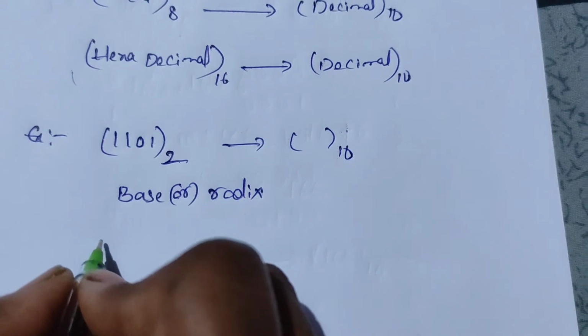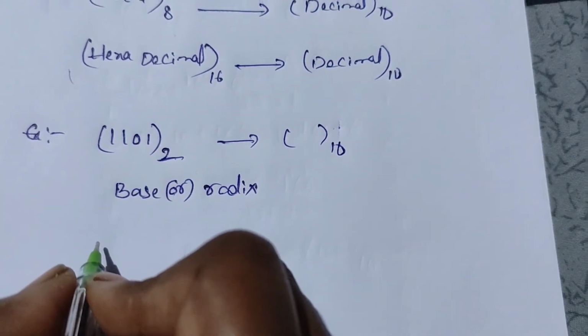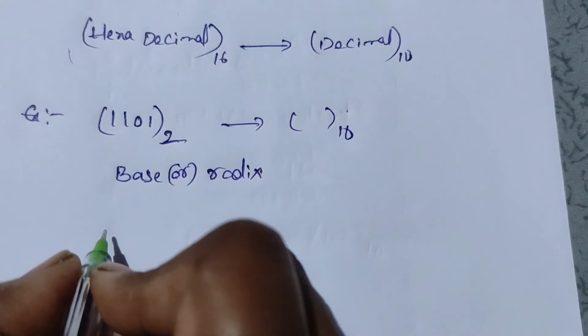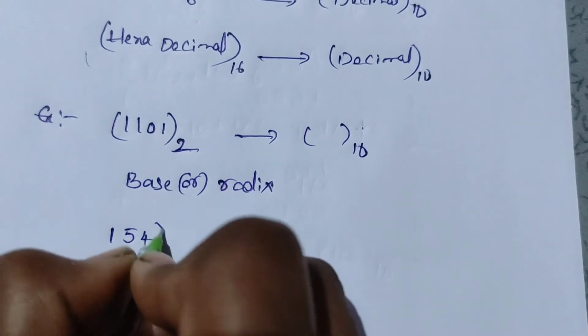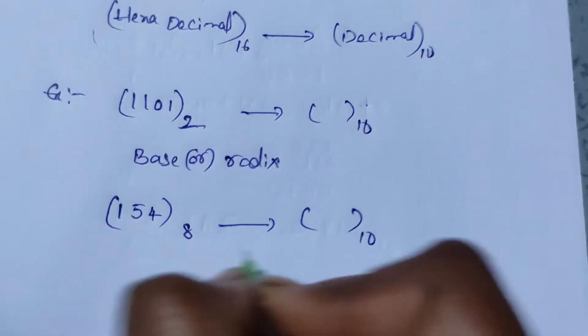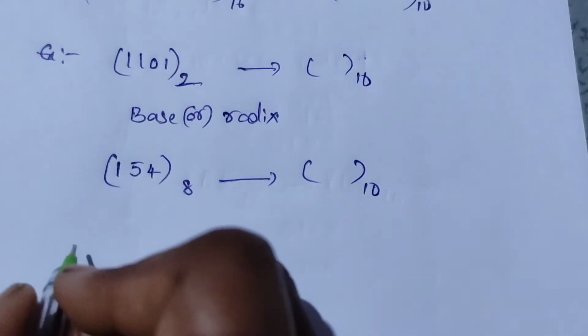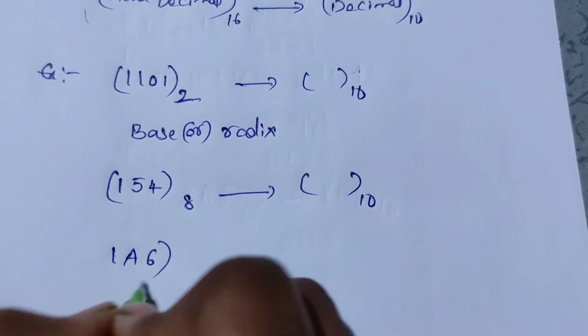And one more example of octal, (154) base 8 to be converted to decimal, and one more hexadecimal number 1A6.